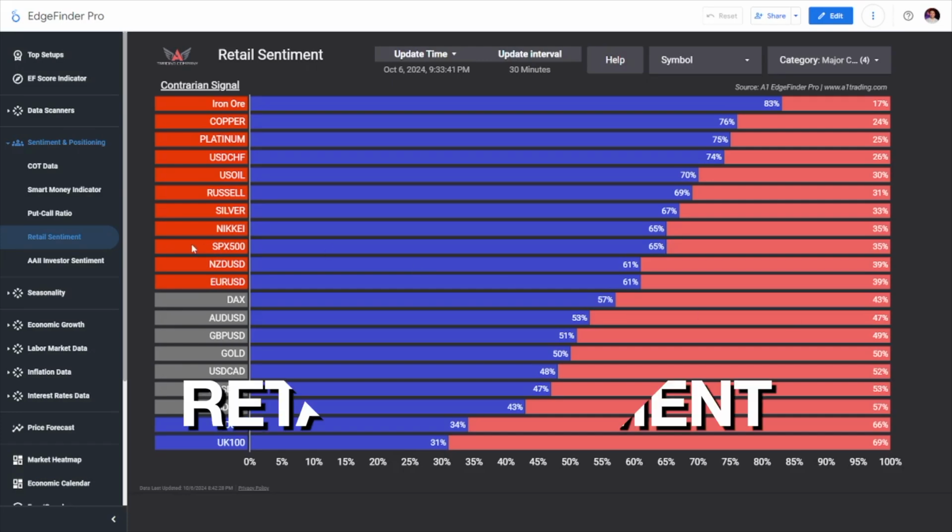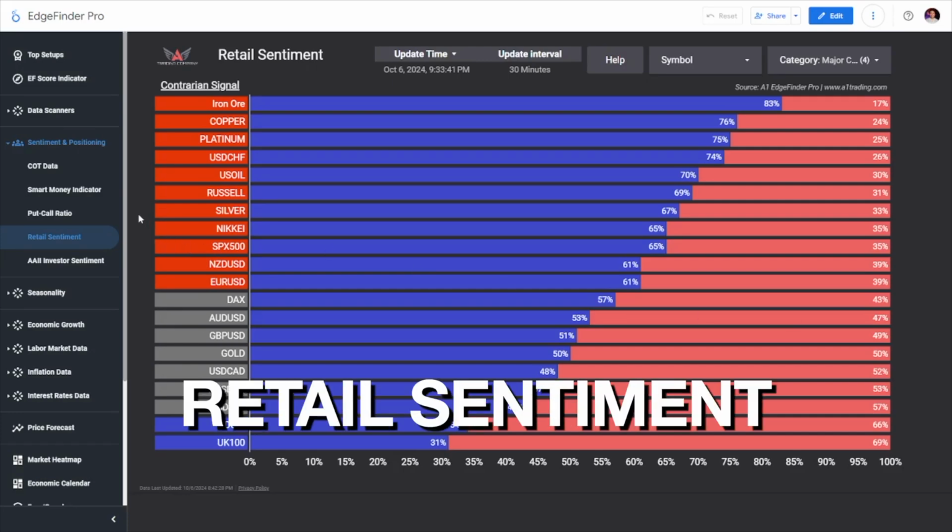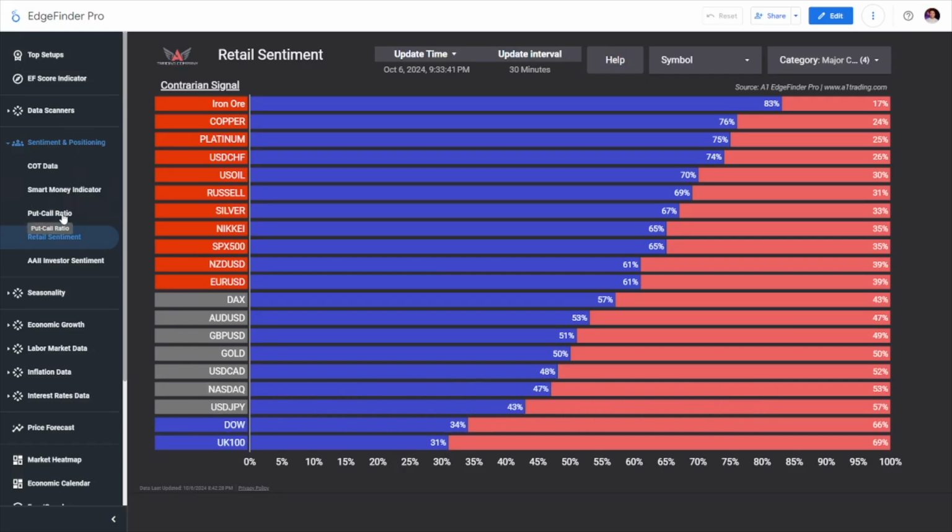Our next chapter is the retail sentiment chapter, and this actually encompasses a few different indicators that we've built in the EdgeFinder's charts. So let's go ahead and start with maybe the most popular or most obvious one. It is the retail sentiment tab.